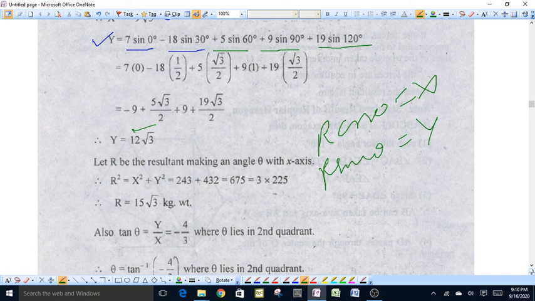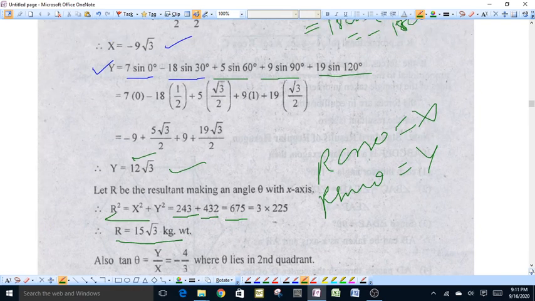After squaring and adding, we get R square is equal to X square plus Y square, which will be equal to 243, the square of the x component, plus 432. This comes out to be 675. R will be equal to 15 root 3 kilogram weight.